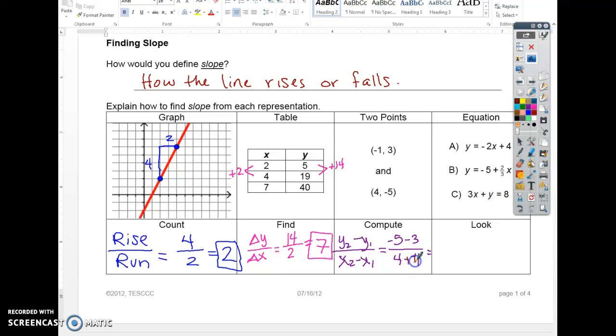Change this to a plus, right? So then you have negative 5 minus 3 is a negative 8. And 4 plus 1 is positive 5. Divide it, and that gives you a negative 8 over 5.